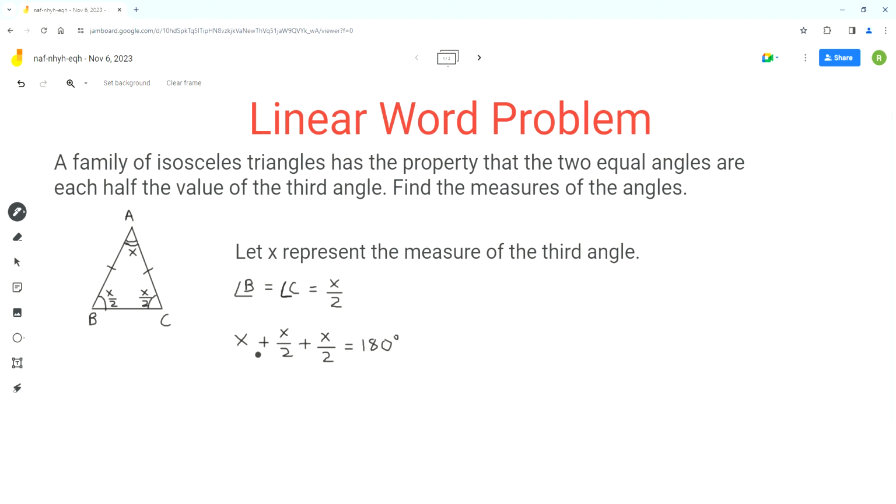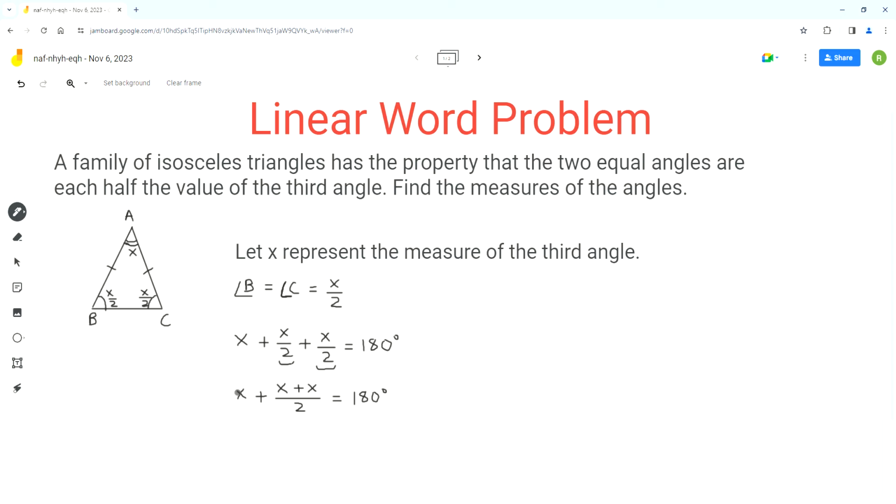So we have to isolate x. Now x over 2 and x over 2 are fractions with the same denominators, so we can combine the numerators. So in the next step we can write x plus x over 2, which is equal to 180 degrees.